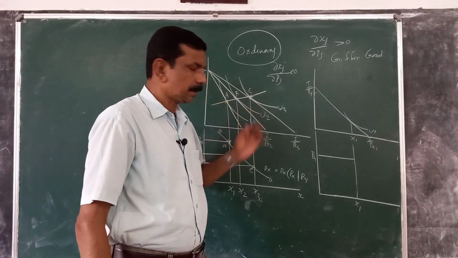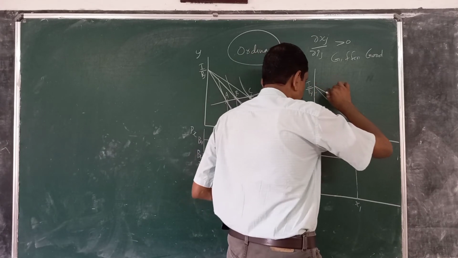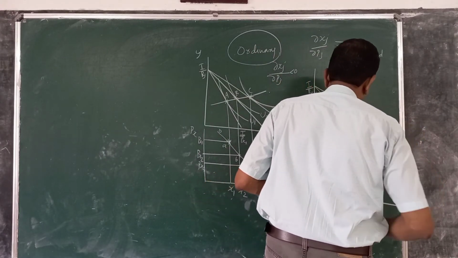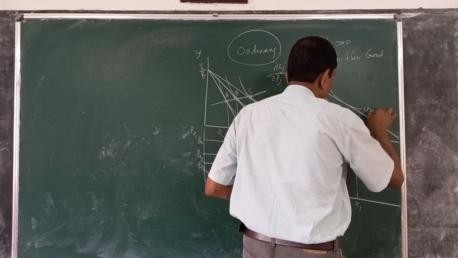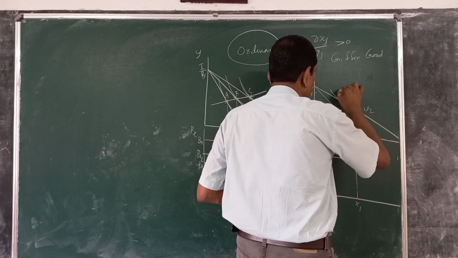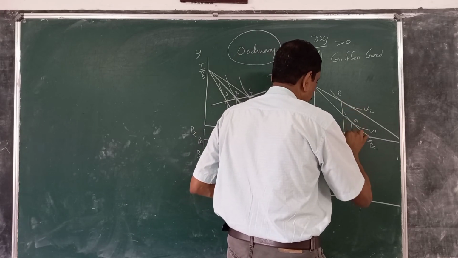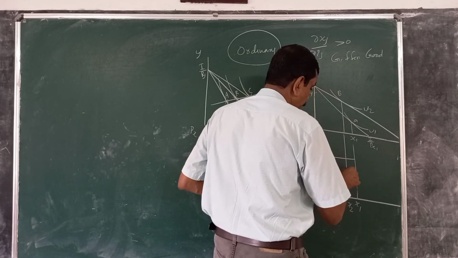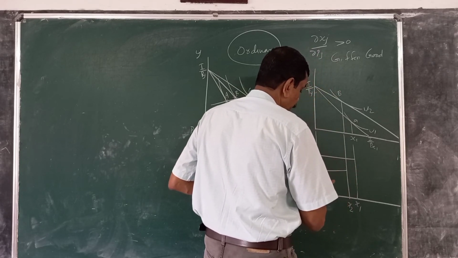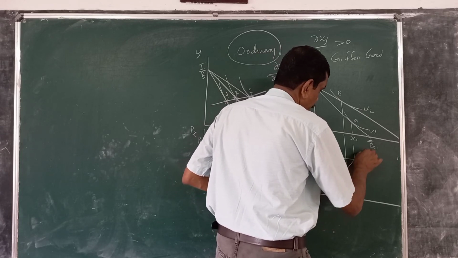That is the initial situation. Now, suppose that the price of X decreases to Px2, the budget line shifts outwards, and the equilibrium shifts from point A to point B, so that our consumer now consumes X2 units when the price decreases from Px1 to Px2. So we have a demand curve like this.